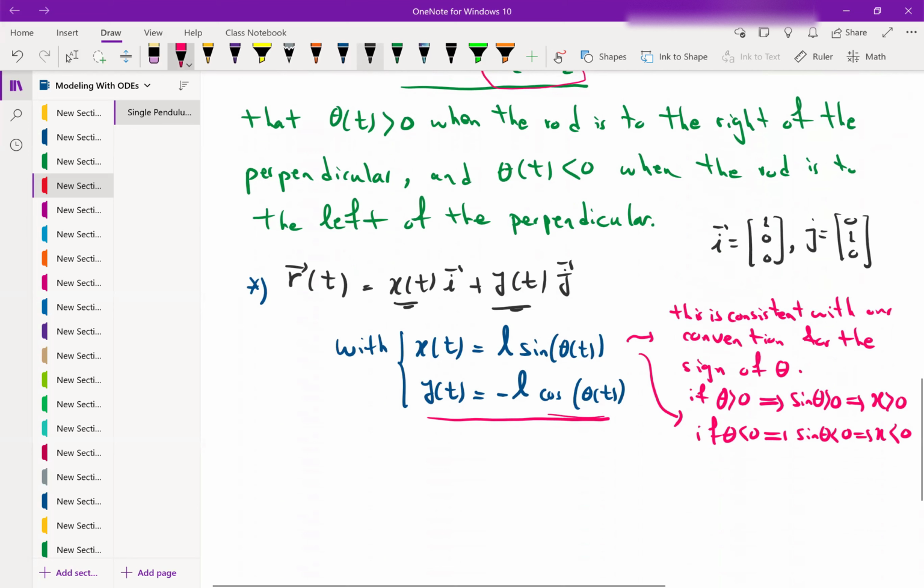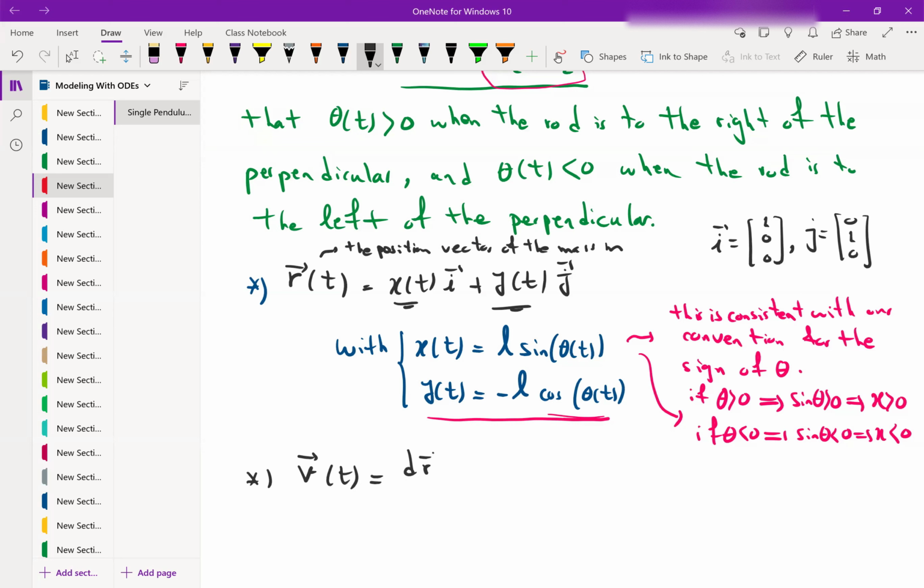So that is the position vector of the mass m in our coordinate system. And then what will be the velocity vector, the derivative of the position vector?